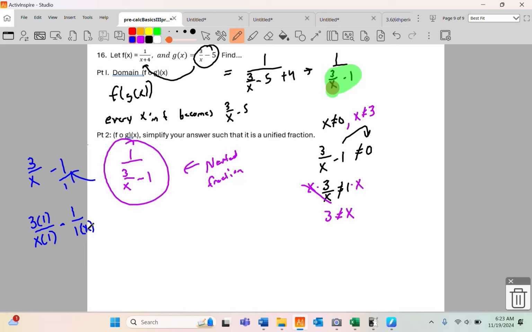So I'm going to give it an x, which means I'm going to give this guy an x. So 3 times 1 is 3. Take away 1x. And now we have common x's down there. Okay, that's part of it. So now I'm sitting at 1 over 3 minus x over x.